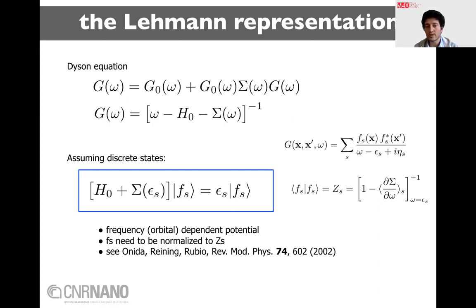Also, we know that the self-energy is non-local and non-Hermitian. And this basically happens orbital by orbital.